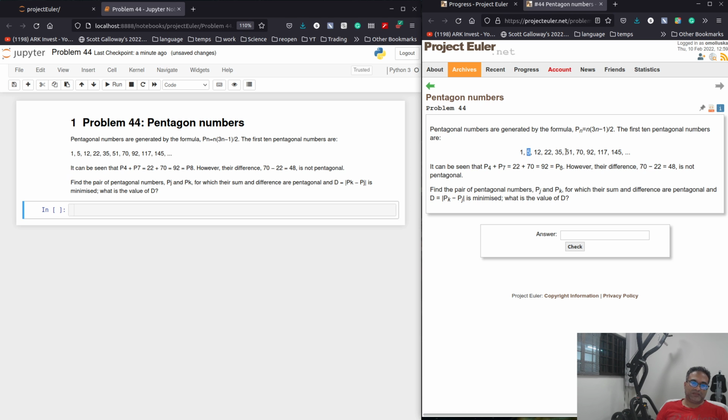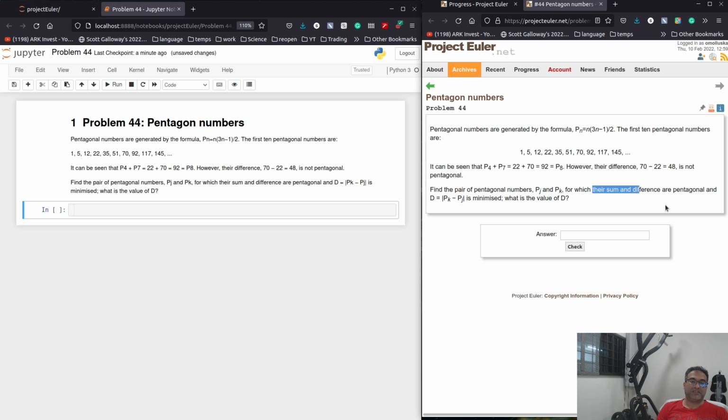Yes, these are the pentagonal numbers. It can be seen that P4 plus P7 is P8. However, the difference, 70 minus 22, is not pentagonal. Find the pair of pentagonal numbers for which their sum and difference are pentagonal.